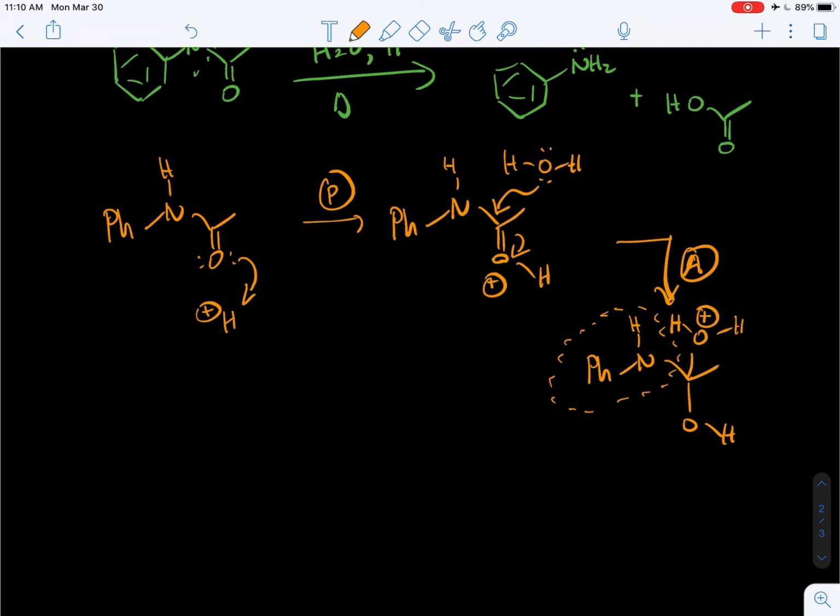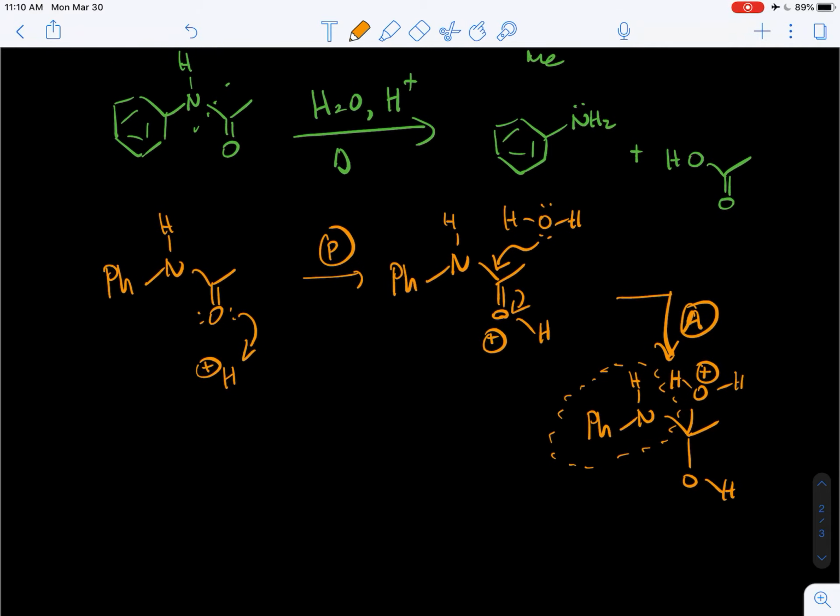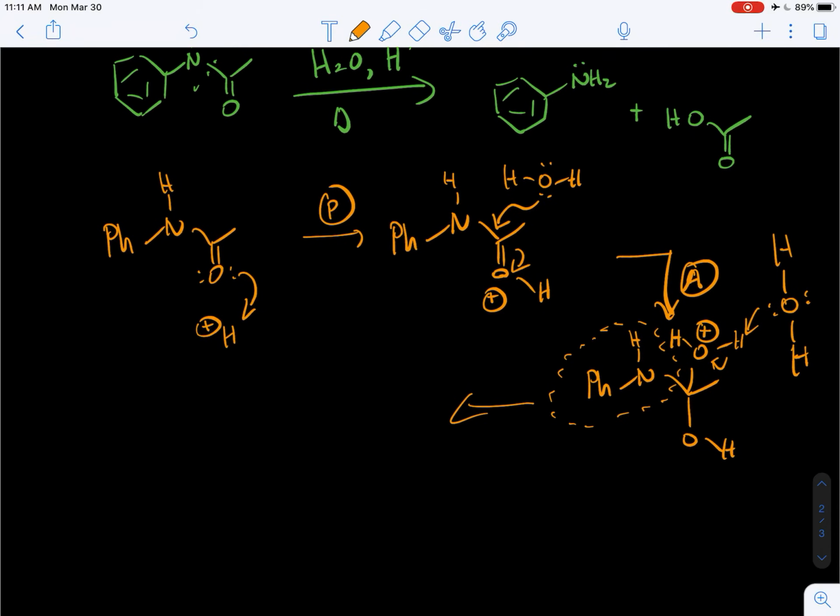So we need to remove a proton from the oxygen and deliver it to the nitrogen. And generally that does not happen in an intramolecular fashion. Normally you have a water molecule serving as a proton donor or a proton acceptor. So first we deprotonate. Okay, and then we can protonate the amine.